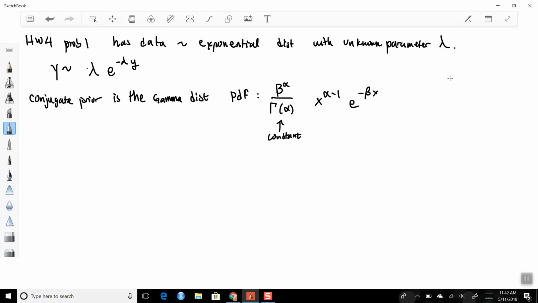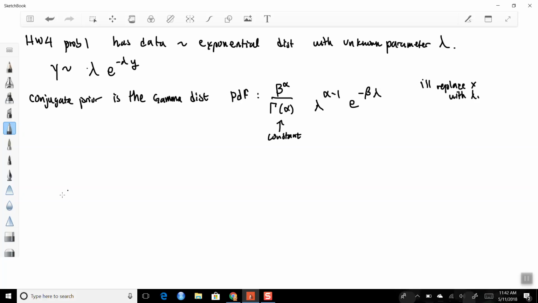Because we're modeling lambda, I'll replace the symbol x with lambda, so we have a PDF over lambda here.